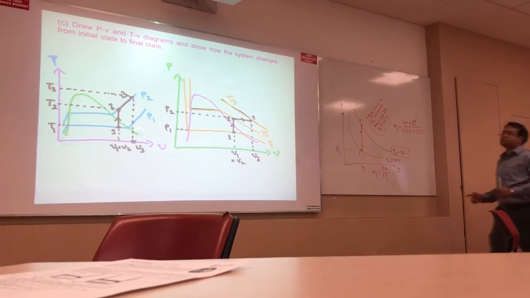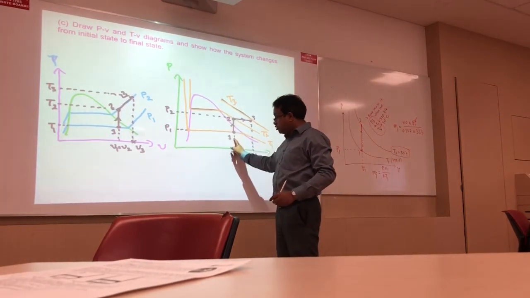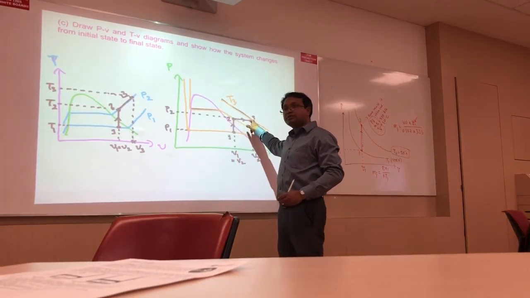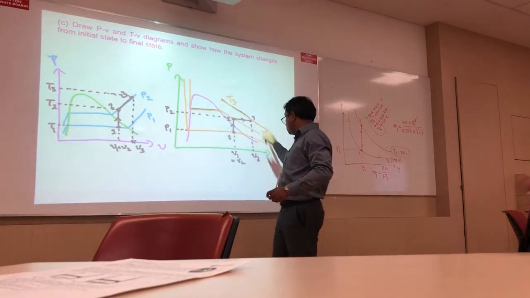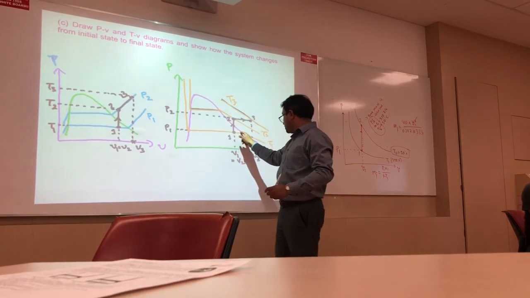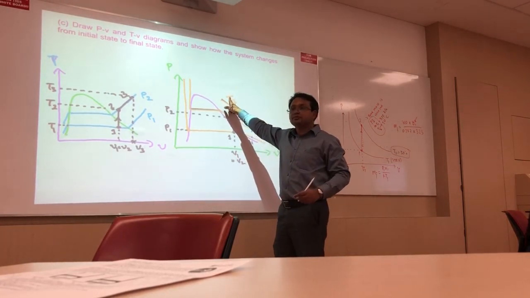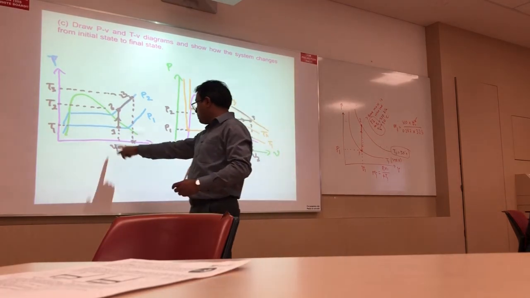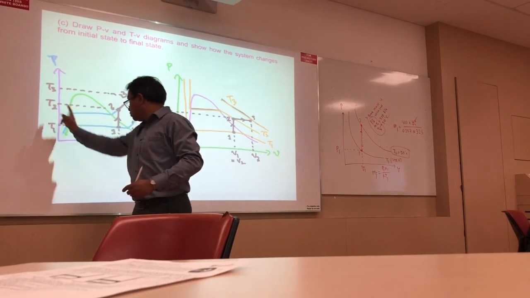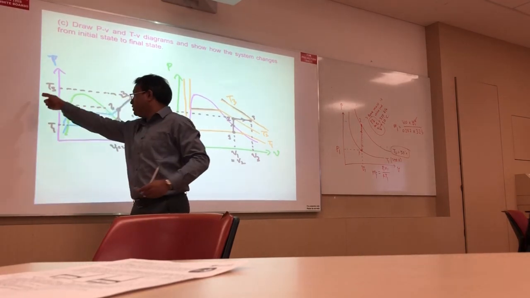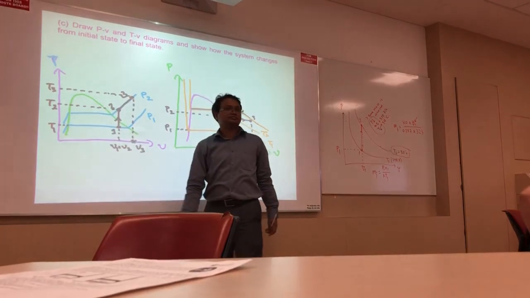Okay, this is the way you have to draw. 1 to 2 is a constant volume process, 2 to 3 is a constant pressure process. This line indicates temperature T1, and this indicates temperature T2. Similarly, on the TV diagram, P1, this one P2, this point T2, T1, and T3, right? State 1, state 2, state 3.